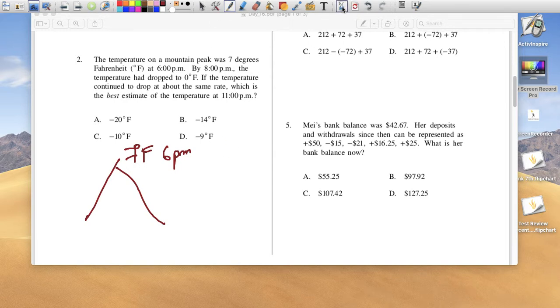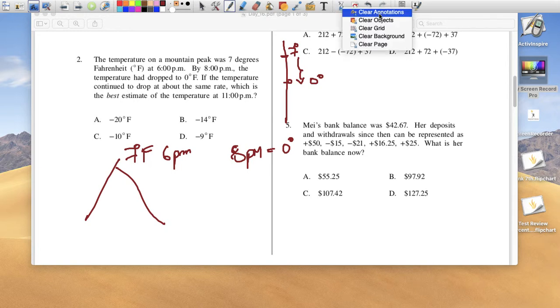So you were at 7 degrees, and then it dropped to 0 degrees. Now, you notice that this was in 2 hours, right? So if the temperature continued to drop at the same rate, which is the best estimate for the temperature at 11 o'clock?